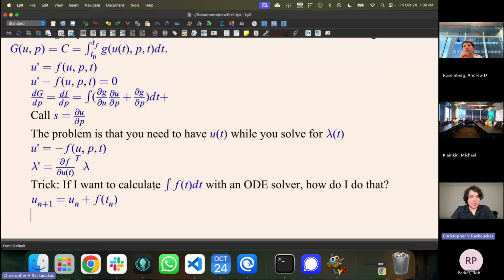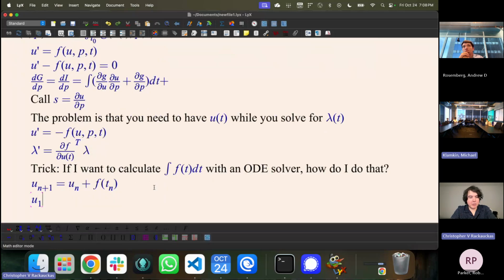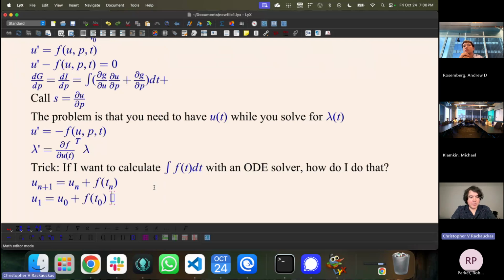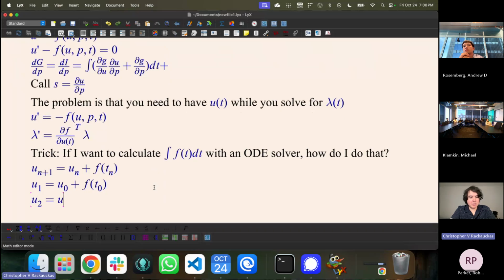So this is Euler's method. So let's actually just write this out. So u1 is equal to u0 plus f of t0. So then u2 is equal to u sub 1 plus f of t1, but we know what u of 1 is, right? So we can actually just plug this in here.